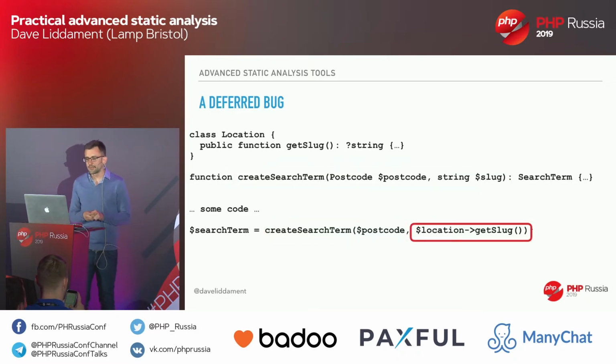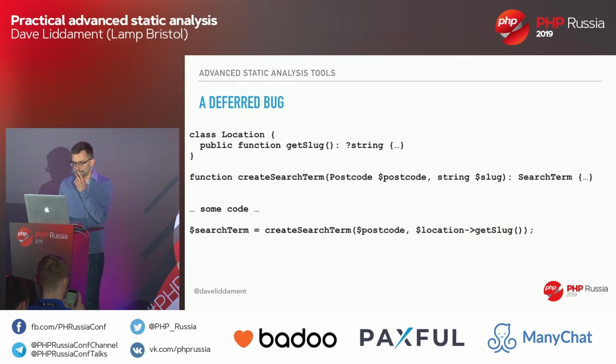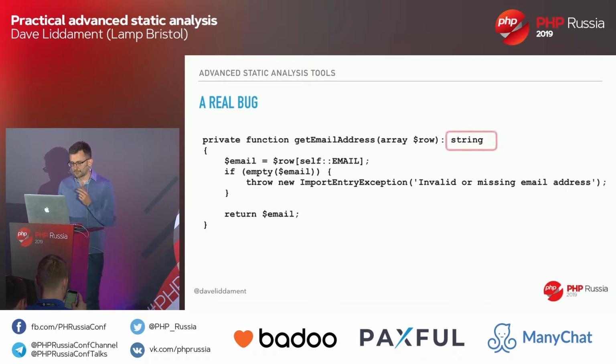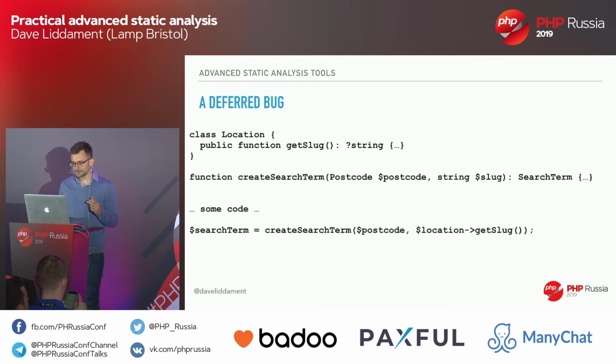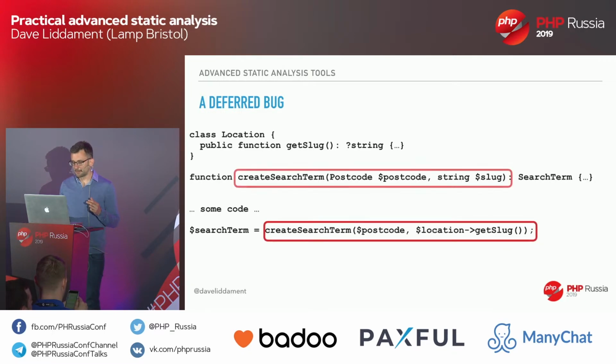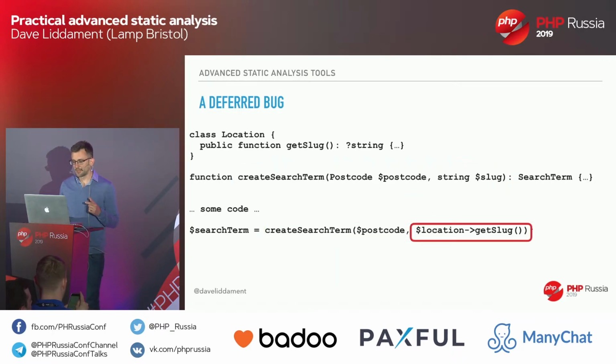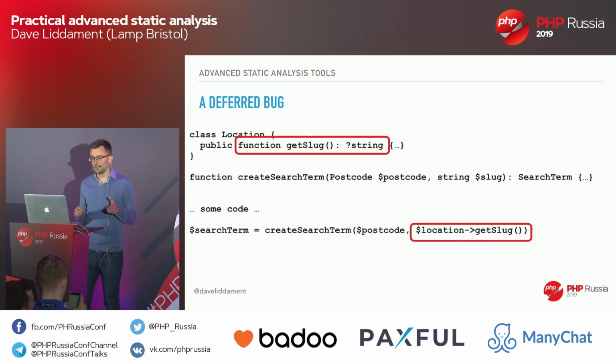So what does location get slug return? What does location get string return? It returns either a string or possibly a null.